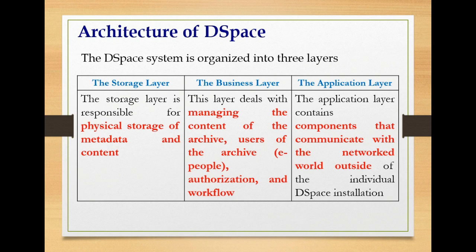All these we will be discussing later. The business layer is the most important part. The application layer is mainly responsible for the components that communicate with the network world outside of the individual DSpace installation. So this is the architecture of DSpace, used to organize the content in three ways.